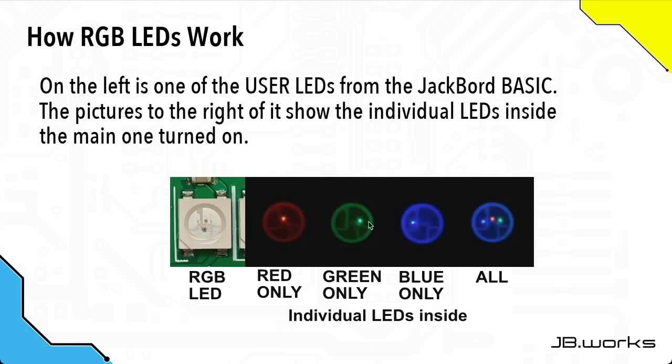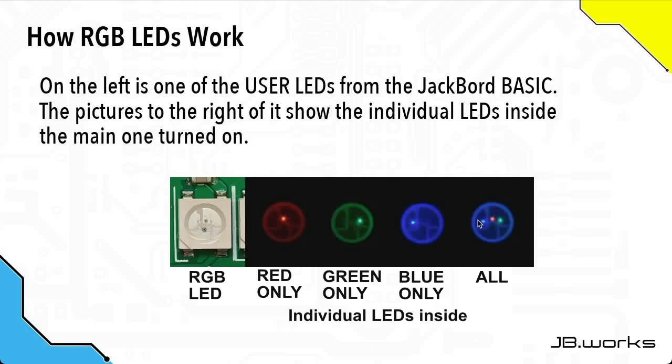What these pictures on the right show is how the LED looks when it's only showing red, so you can see the red LED is on. When it's showing green, only the green LED is on. And finally, when it's showing blue, only the blue LED is on.